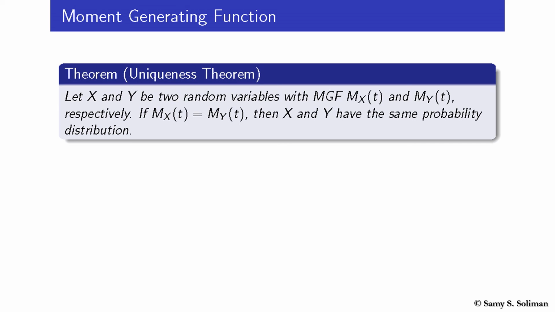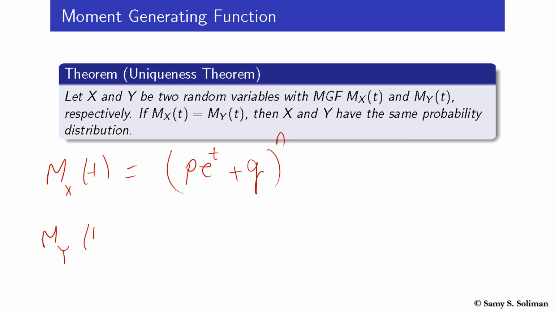So, for example, if you know that the moment generating function of the binomial distribution M_X(t) is given as (p e^t + q)^n, and then you have another random variable Y, for example, whose moment generating function is as follows: (0.2 e^t + 0.8)^5.